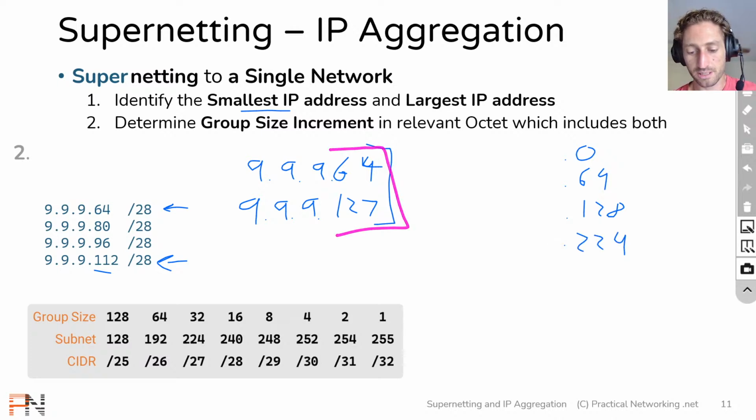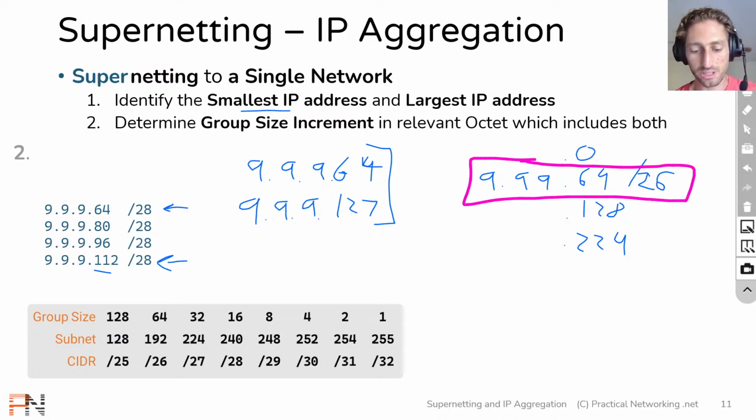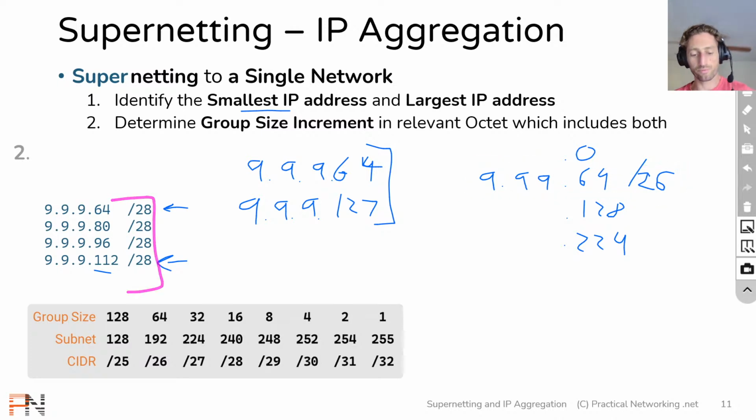These both fit in this network right here, giving you an answer of 9.9.9.0/26. So this would be your answer to the summary problem to summarize those four /28s into a single network.